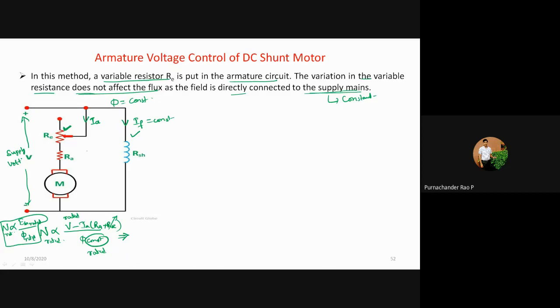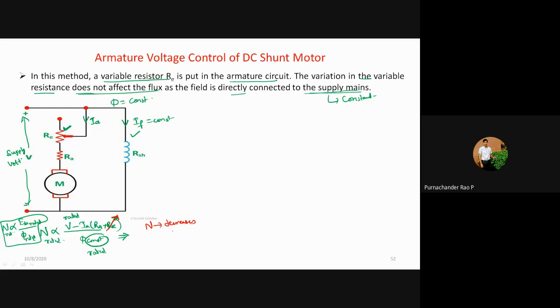So here your motor is running at a rated value, then your flux is constant, V is constant. Then what I am doing here, I am adding the external resistance. The resistance value goes on increasing. What happens now? This RSE is increased. As RSE is increased, your speed will now decrease.